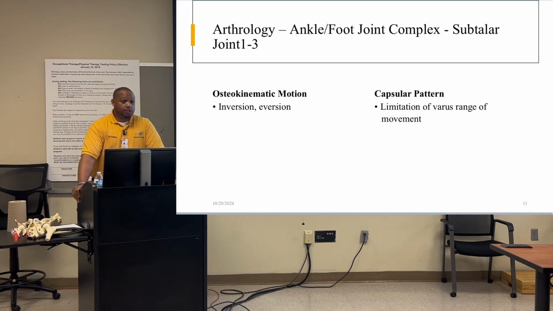With inversion and supination used interchangeably, there's going to be a limitation of varus range of movement with inversion and supination. So again, we typically get more inversion and supination with active range of motion than we do with eversion. Therefore, you get a limitation of varus range of movement with a capsular pattern of restriction.